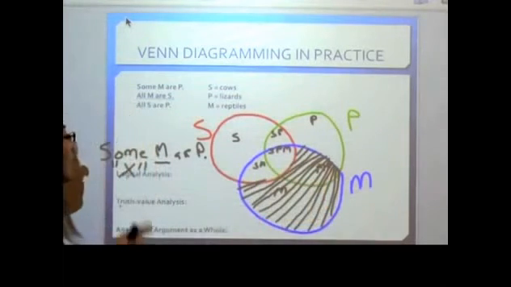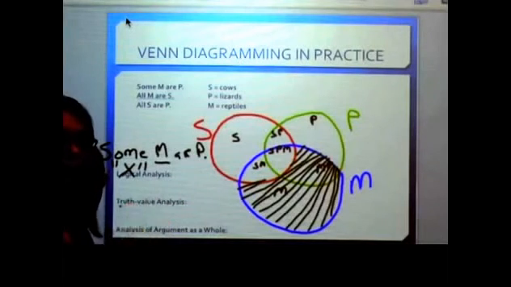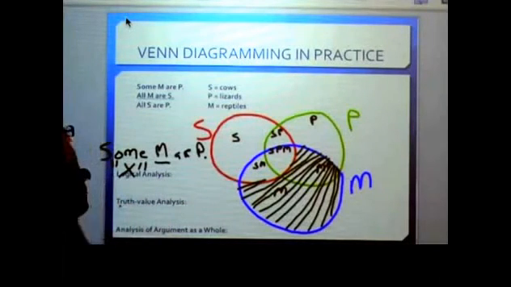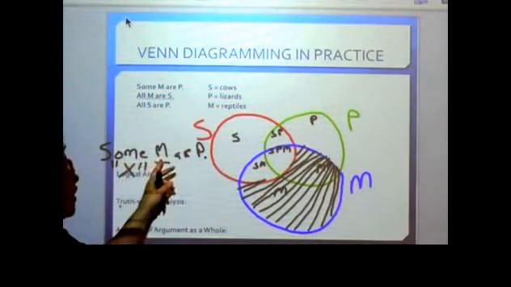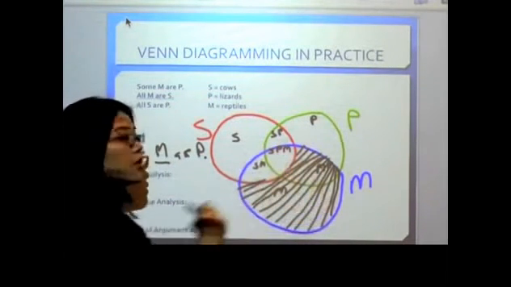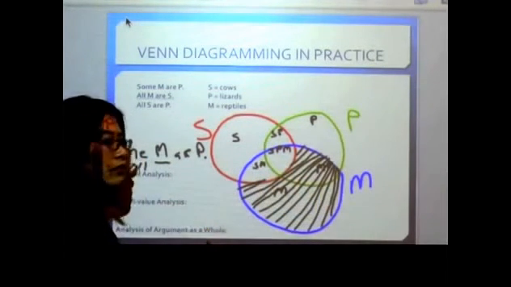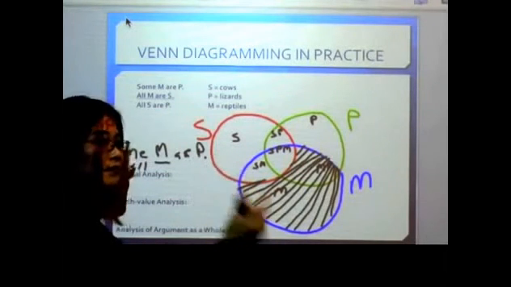We want to place that X inside the area where that statement says something exists. This statement says there's at least one thing that exists that's an M and a P, since some M are P. So we go to the M circle and look for the areas that are open to us that have things that are M's and P's.